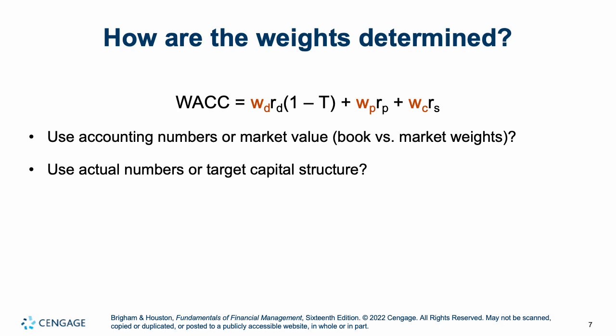But generally, companies set what is known as a target capital structure, where they want 40% of their capital structure to be debt or 30% to be common stock and so on and so forth. But the actual numbers may differ. Targets are not always perfectly adhered to, and the actual numbers may vary. However, they try to come close to that target structure, and they may change that structure as they see fit.